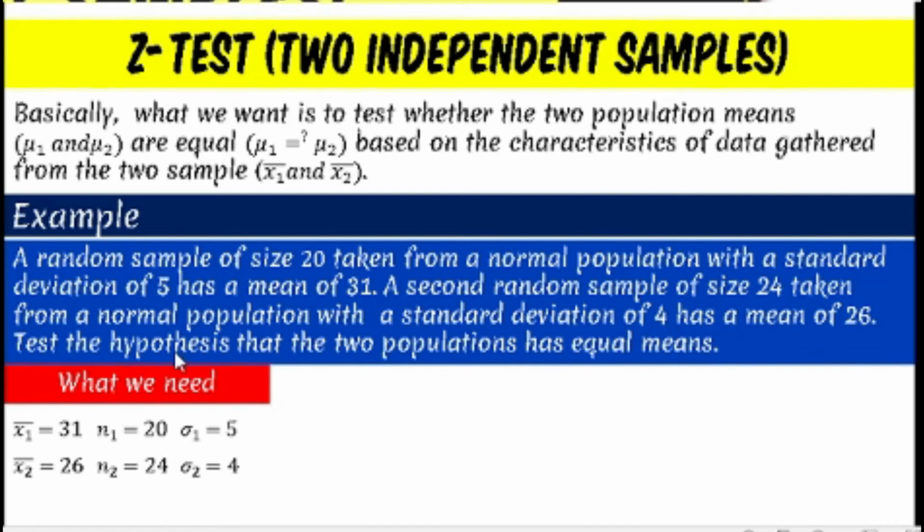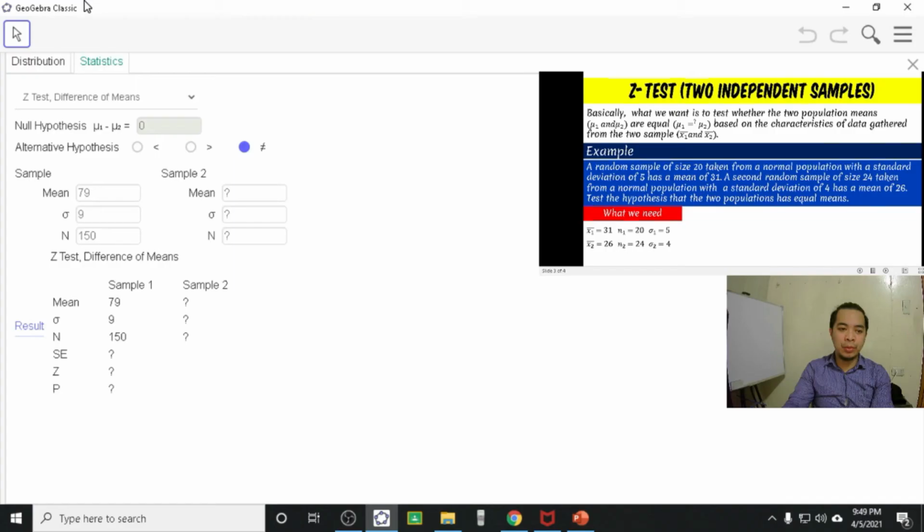So we encode this information here, and then GeoGebra will give us again a p-value from which we interpret and answer the problem. So let us memorize: the means are 31 and 26.